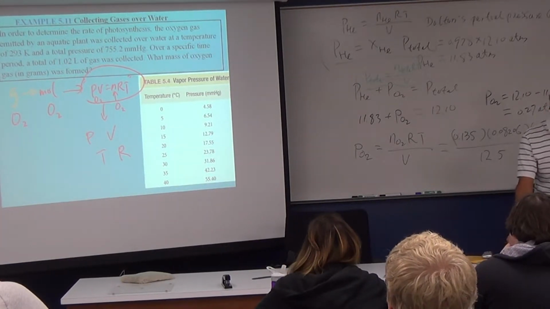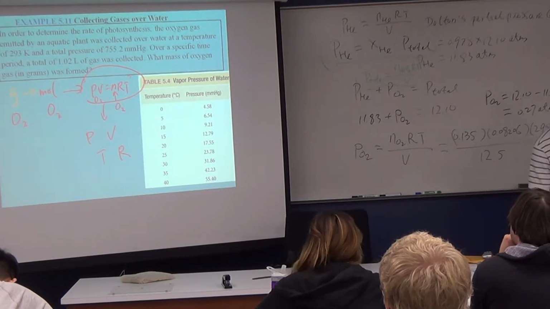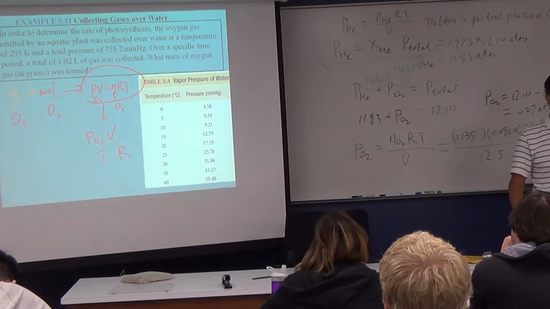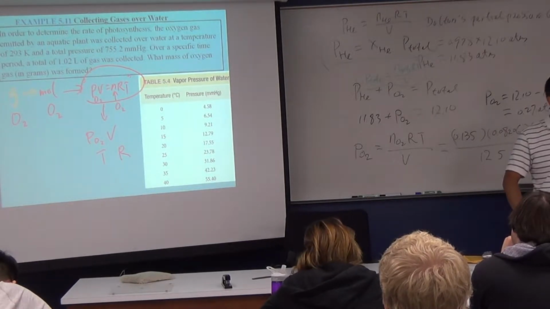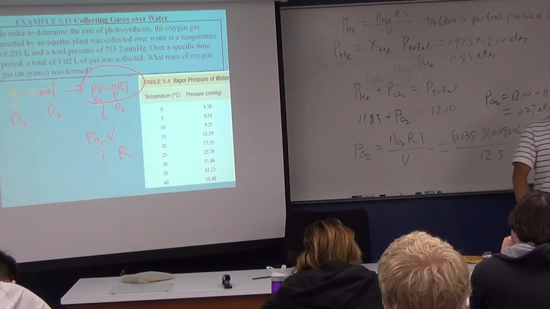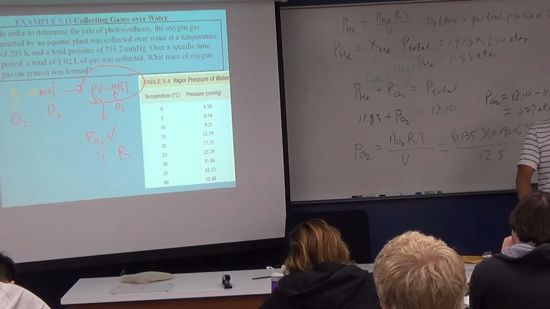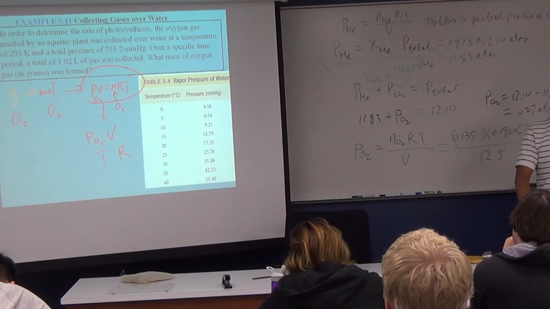So we need the partial pressure of O2, the volume of this oxygen gas, which is the same as the gas mixture, and the temperature of this gas mixture.